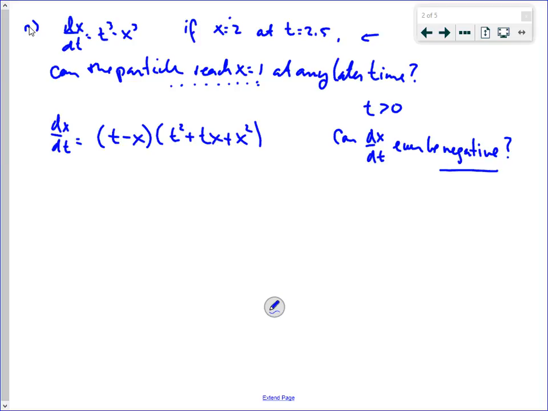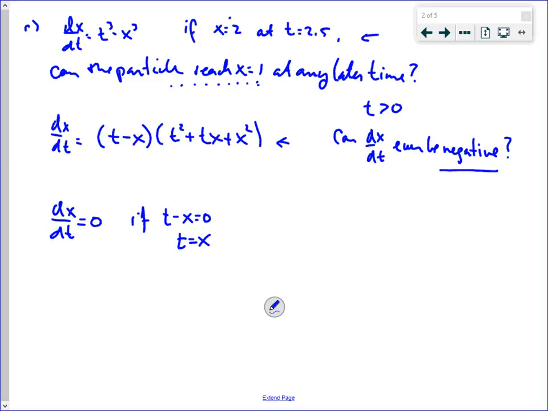Let me see. I'm going to look at this two different ways, but first, when is dx dt equal to 0? Okay. When is this expression going to be 0? Well, it's going to be 0 if t minus x is equal to 0.